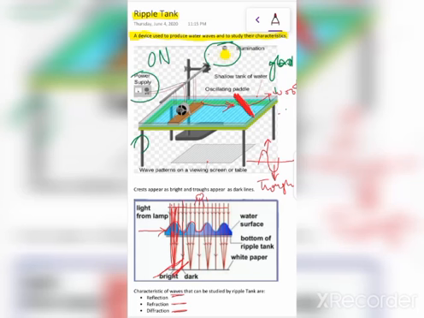So water waves are traveling in this direction. When they strike the boundary of this wood, you can also take a glass here.